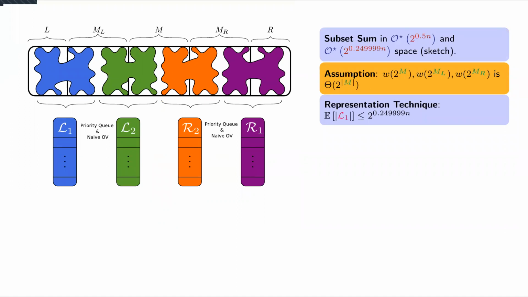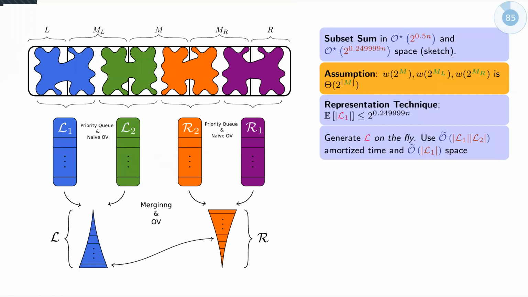Now we can afford to use naive orthogonal vectors and combine it with this priority queue to have this calligraphic L data structure generated on the fly, as in Schroeppel and Shamir. We can even afford calligraphic L1 times calligraphic L2 amortized time to generate them, but we will use only the size of calligraphic L1 space to store them.